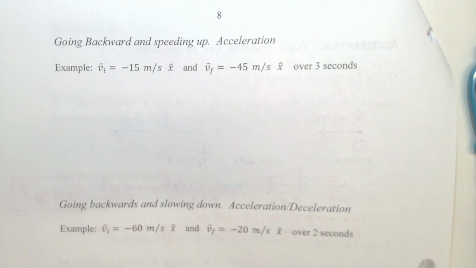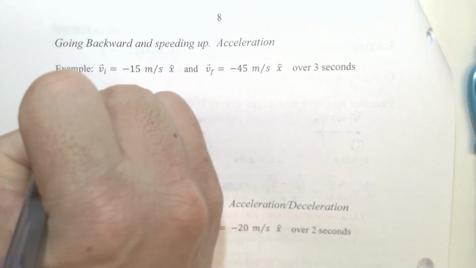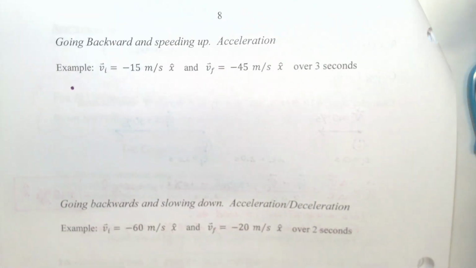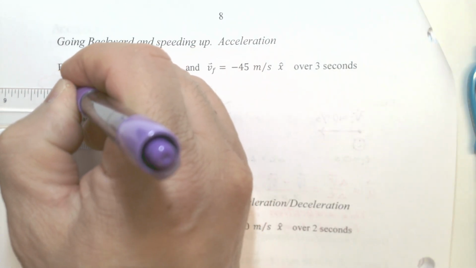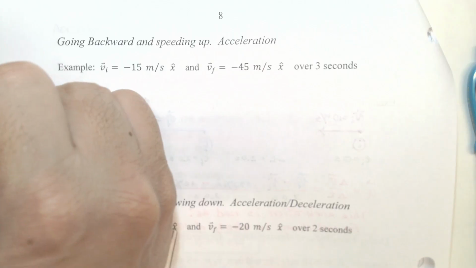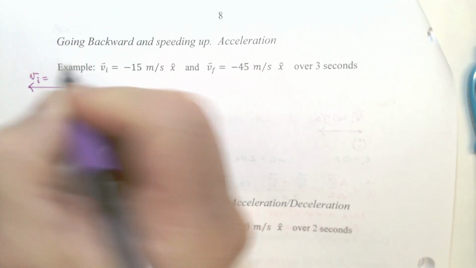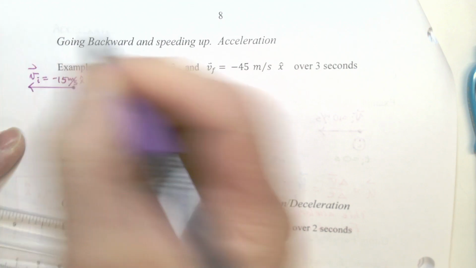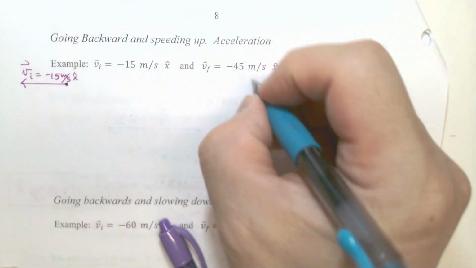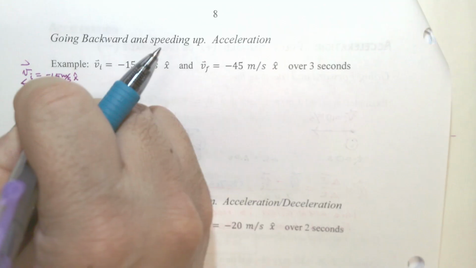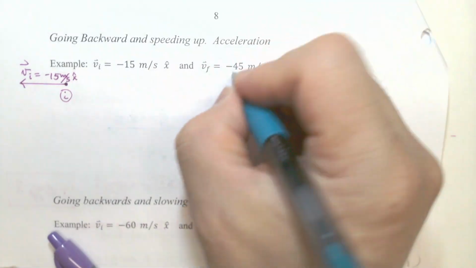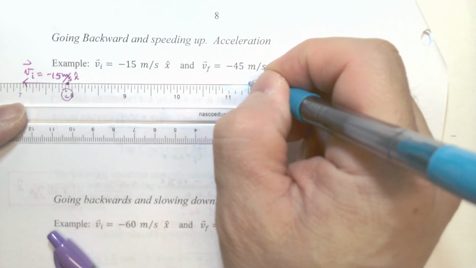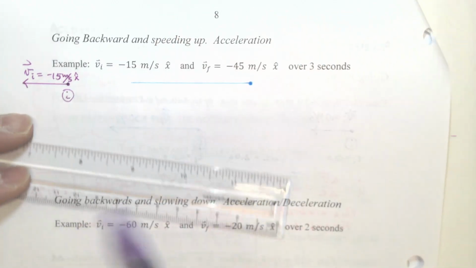So here again, if we look at the initial condition, we were going backwards 15 meters per second. So we're going this way, right? V initial is equal to negative 15 meters per second x hat. For the final condition, we're still going in the negative direction, 45 meters per second.